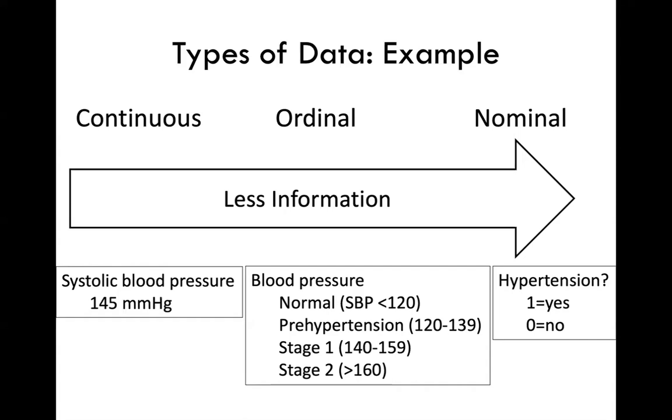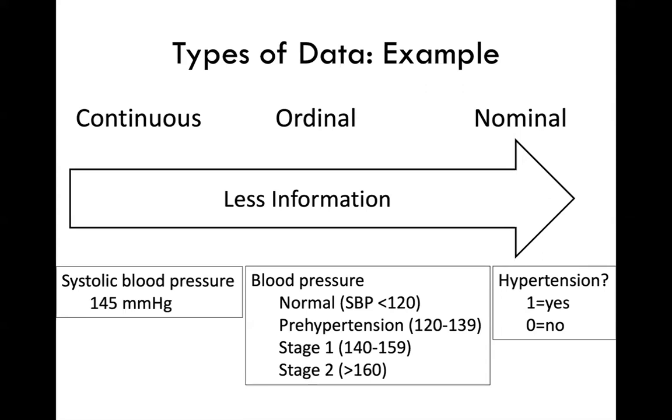But as you can see now, we don't know exactly how precise that true measure is, which just means that if you're looking at just this hypertension category, it's somewhere between 100 and somewhere over 140. If we're looking at the ordinal data, we know that they have stage 1, but they're still going to be somewhere within that stage 1 range, versus if we actually have the precise measure in the continuous variable, that's where we have the most information.